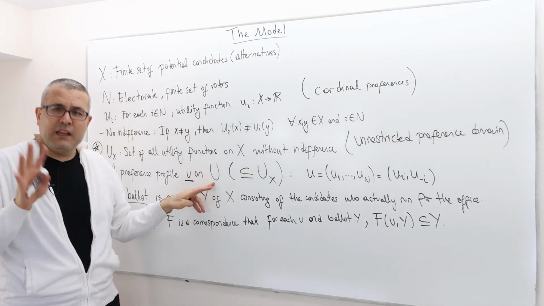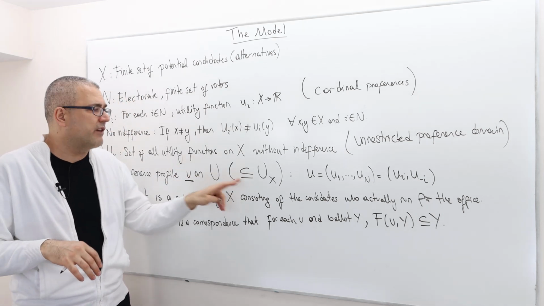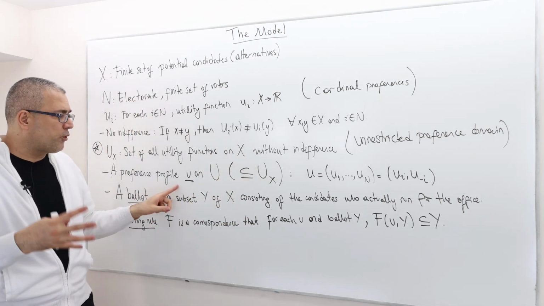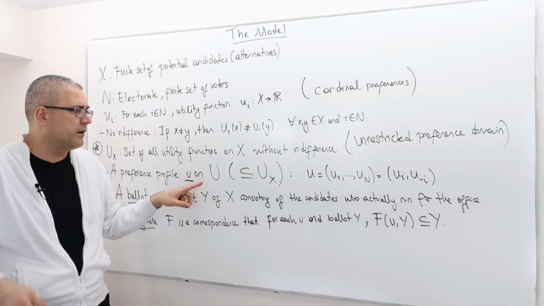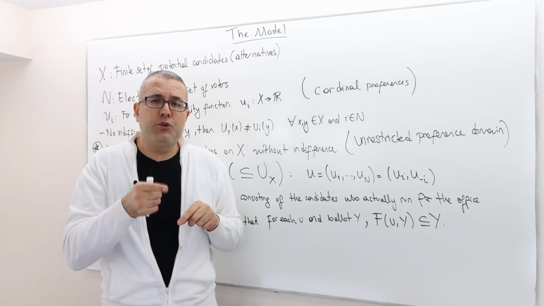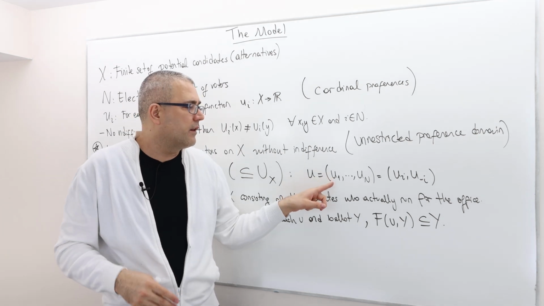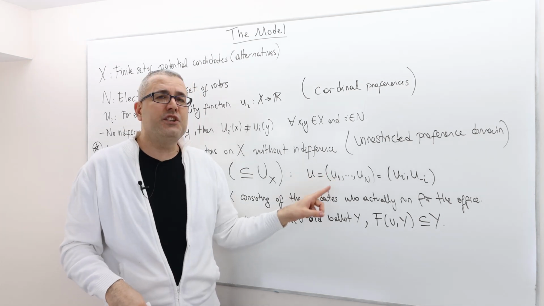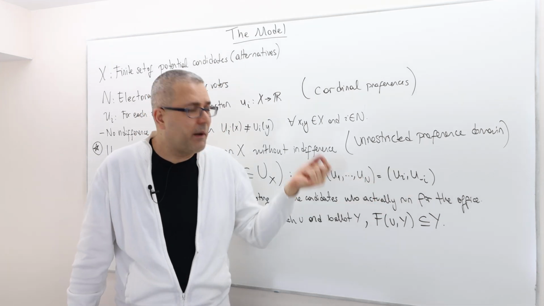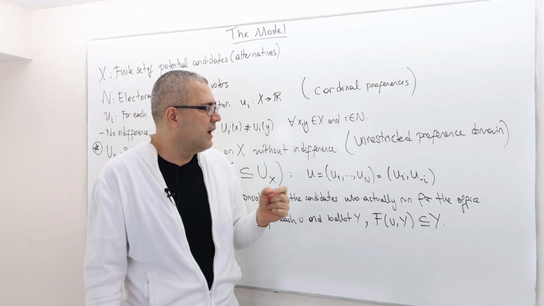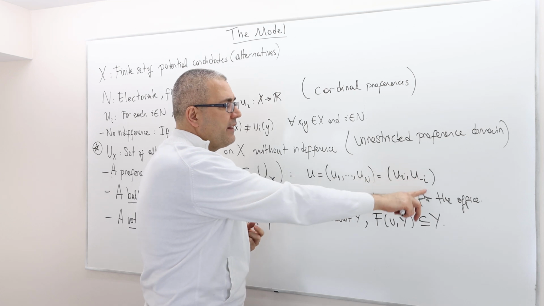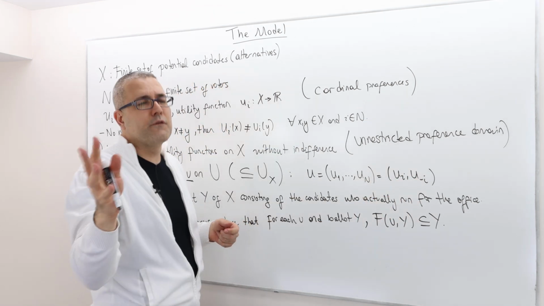If this is the case, we call it U rather than U of X, so U is a subset of U of X. A preference profile, small u on capital U, is a vector which tells us the utility or the preference ranking of each individual. Sometimes we denote it by u_i, u_minus_i, meaning the preference of agent i and the preferences of all the other voters.